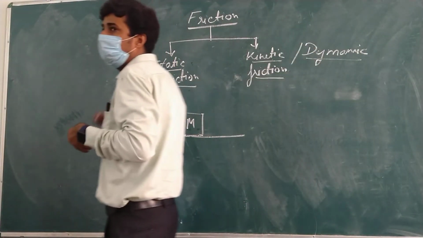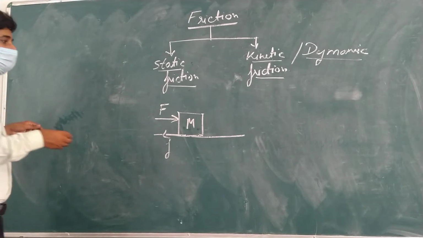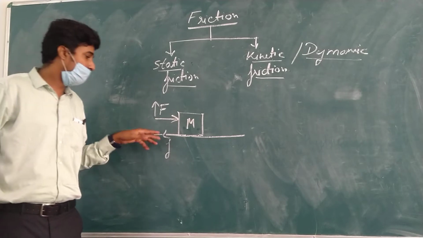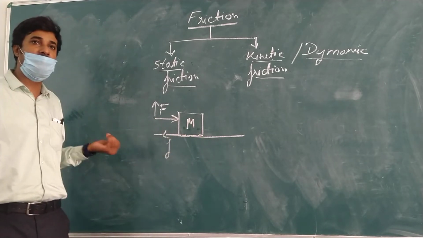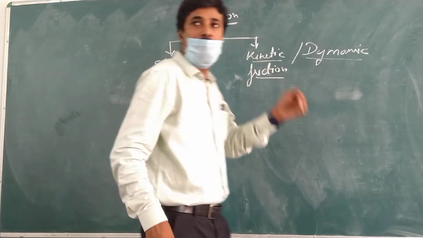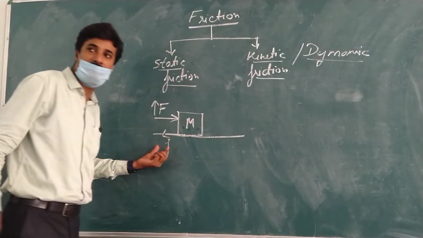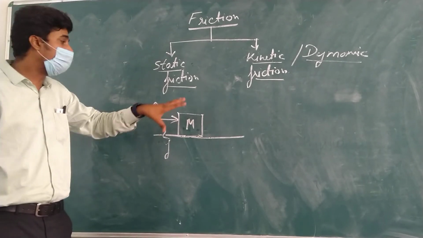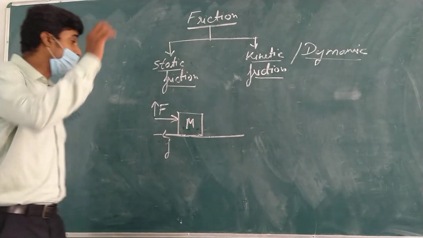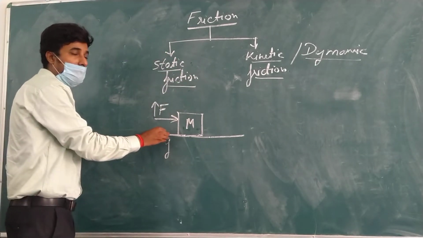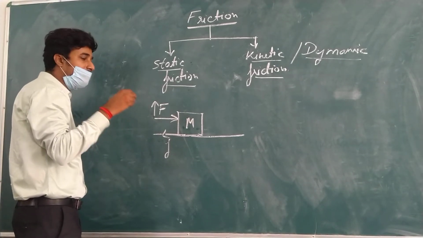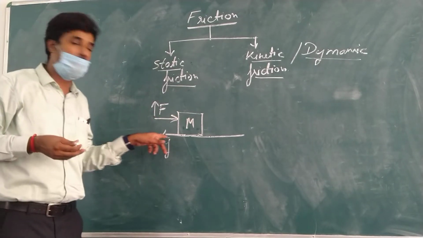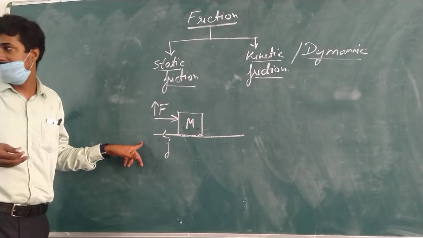But as you slowly increase the amount of applied force, gradually the frictional force f in the opposite direction will also increase up to a certain limit. This small f, the static frictional force, will increase gradually until the body starts moving. But beta, at the time when the body is just about to move, at that time the maximum value of static friction is applied. Yes or no?